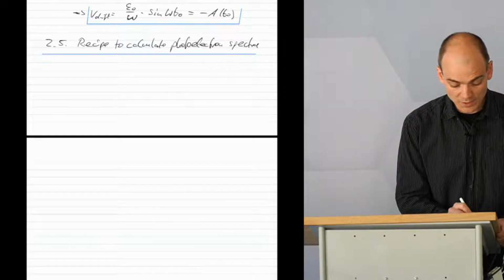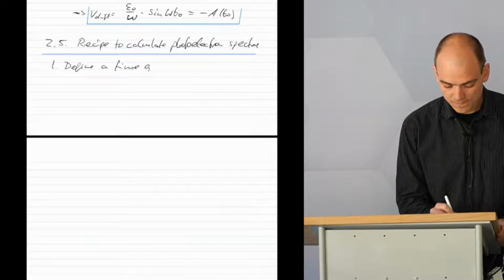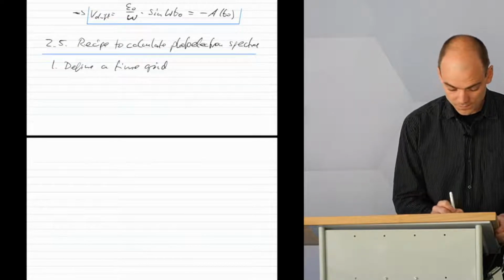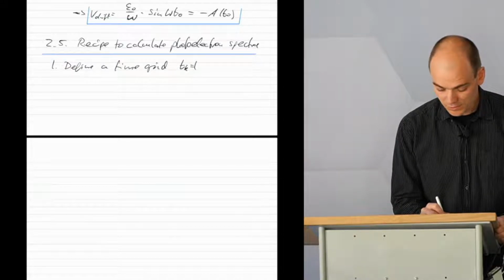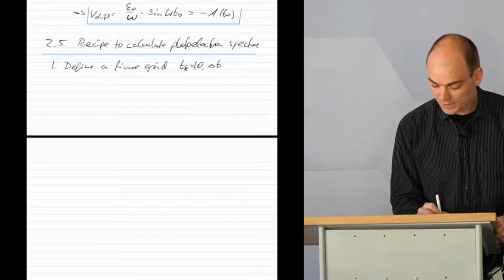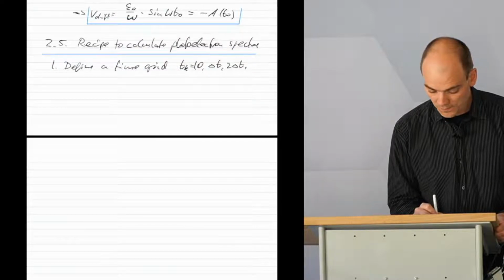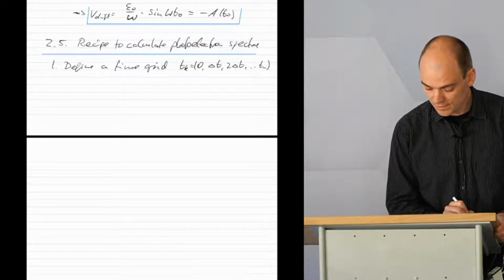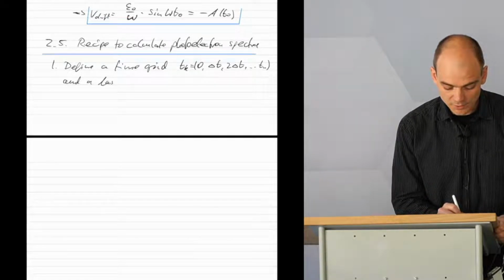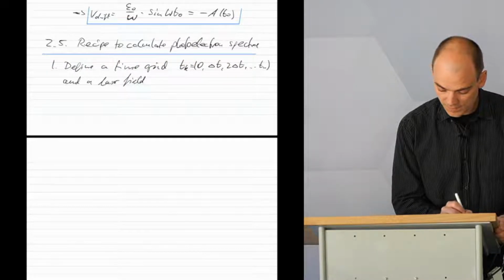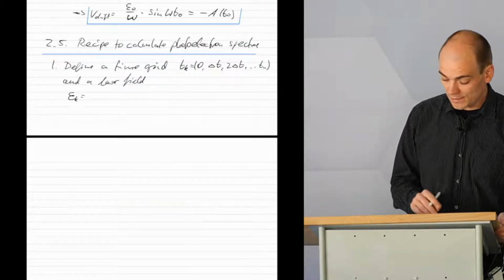So we first define a time grid. This is essentially a vector. You can write it as 0, delta t, that's our step size of our time grid, 2 delta t, and so on, up to tn. At the time grid we also define a laser field. So this is now a discretized electric field.